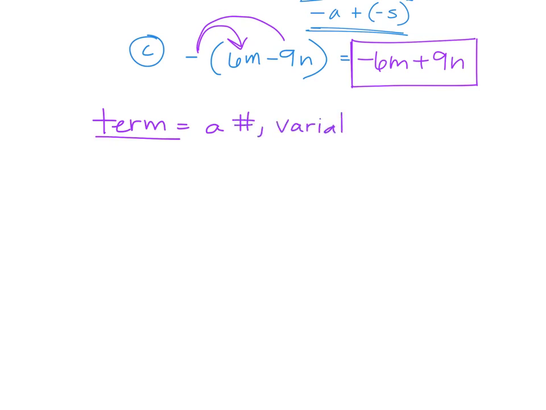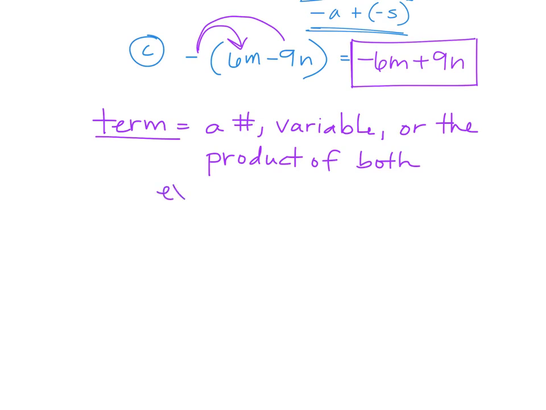What's a variable? A letter, right? X, A, B, those are all variables. Or the product of both. What is a product? Multiplication. So basically what they're saying is a term is a number, a variable, or take a number and a variable and multiply them together. That's considered a term also.